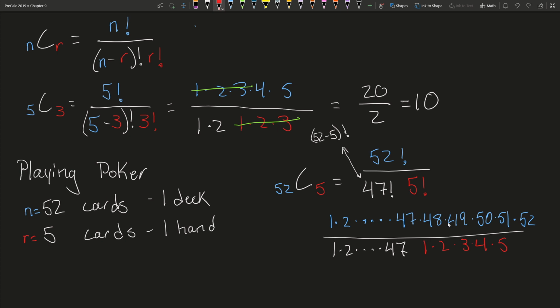And then we can cancel out common terms. So on the top, 1 through 47 will cancel, and then we have 48 times 49 times 50 times 51 times 52 over 5 factorial.